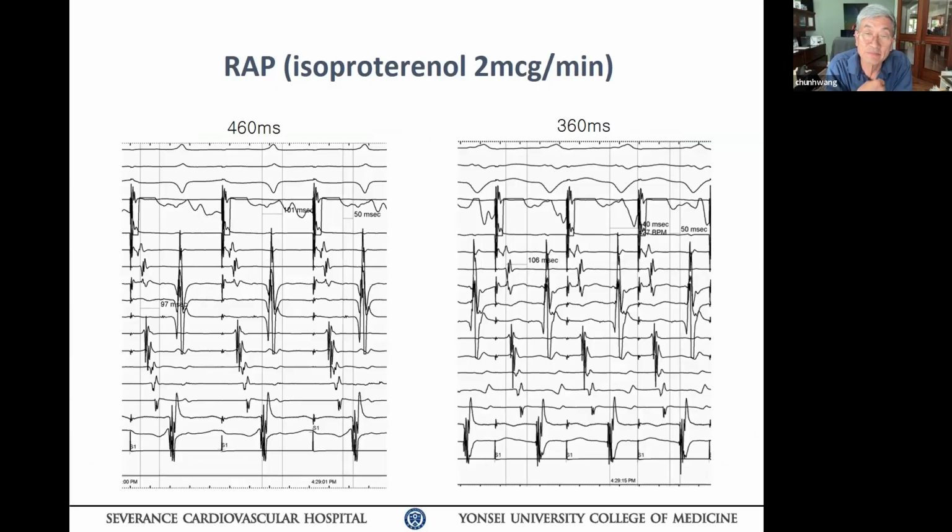Okay, here. Now we got an issue. So you say 460, 360, okay? You have a maximum pre-excitation at 460, I mean 360, I assume. That's what I'm trying to argue. Am I right? Yes. Okay. So then I want you to tell me why the QRS complex changed.